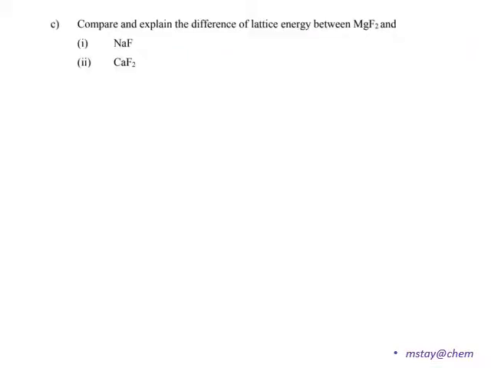Now let's proceed to tutorial question 13C. Compare and explain the differences of the lattice energy between magnesium fluoride and NaF. As usual, we are going to write down the ions for magnesium fluoride, Mg2 plus with F negative, and then Na plus with F negative.